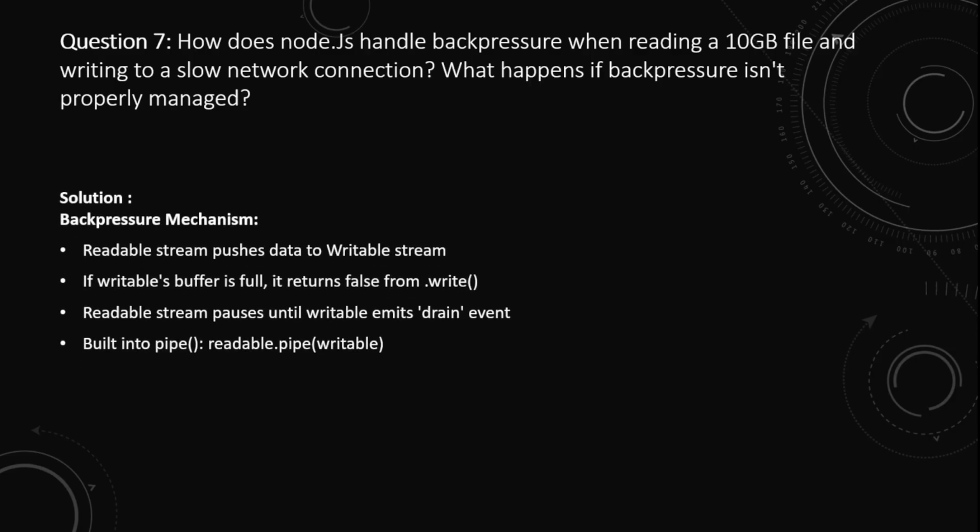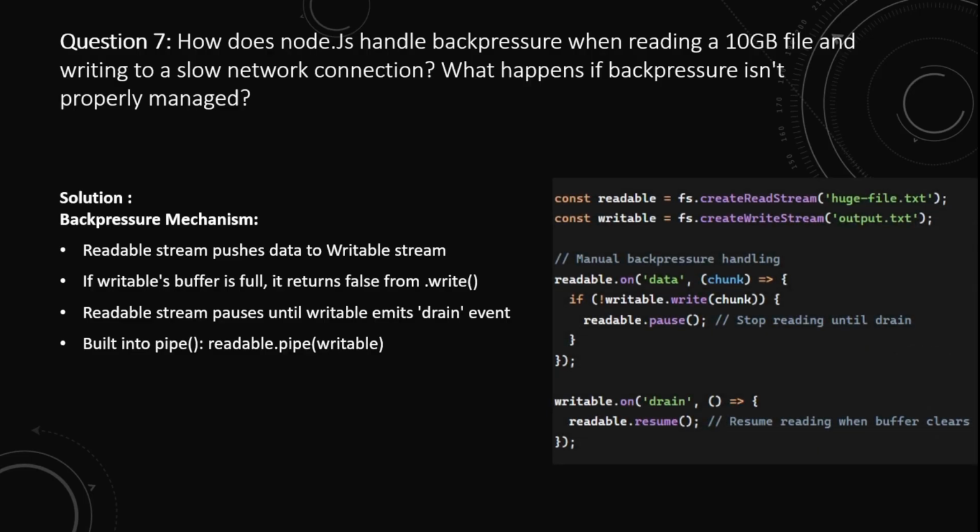So its solution is that back pressure occurs when data is produced faster than it can be consumed. In streams, the readable produces data faster than the writable can process it.